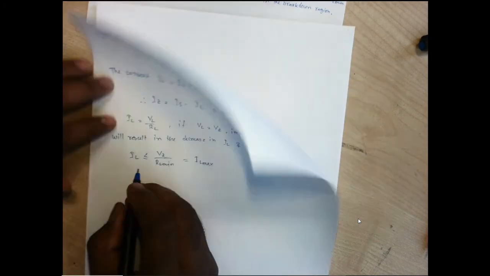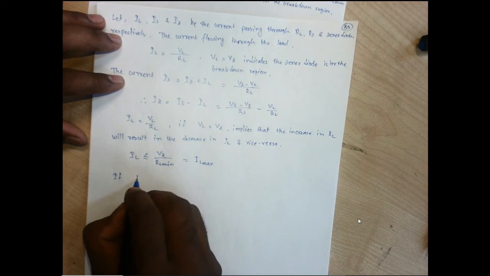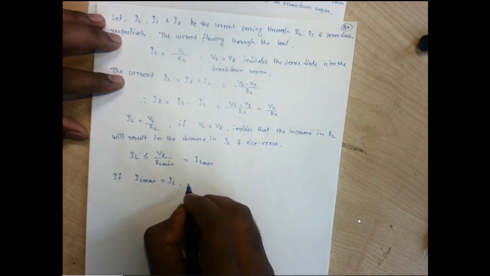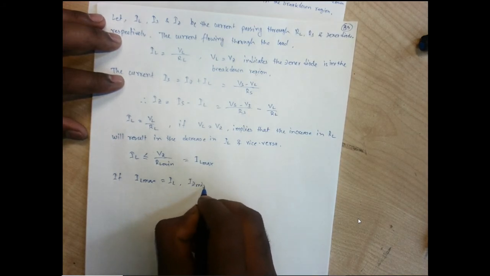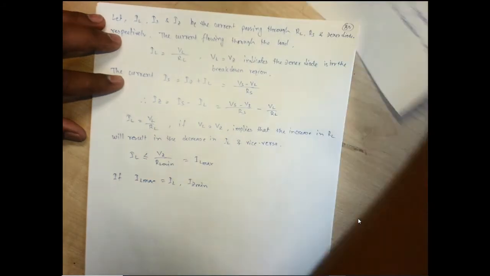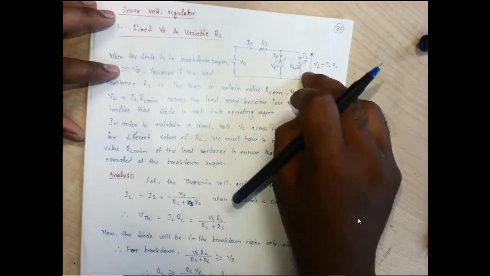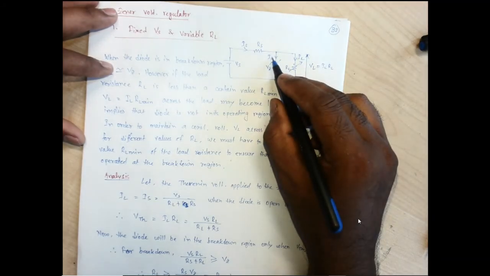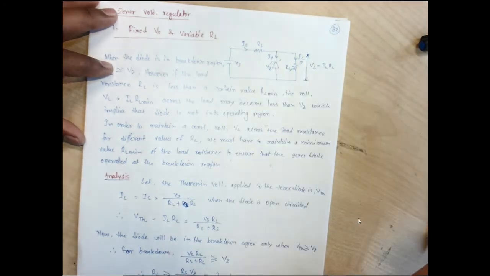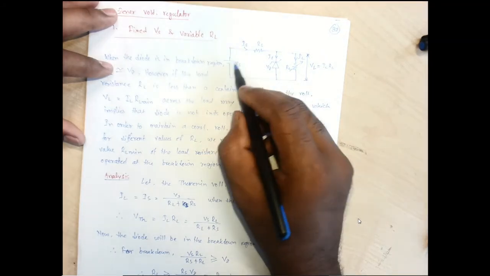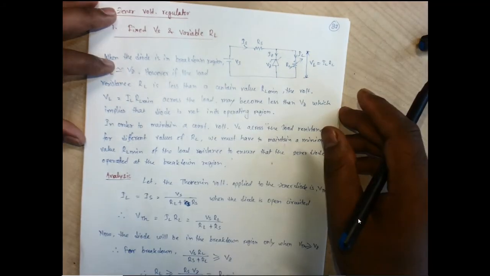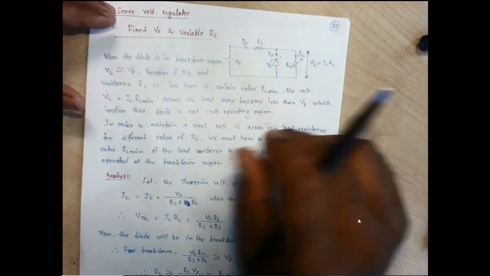So if IL max is there, what we need to understand is that IZ min is there. To make our VL constant, if IL is increasing, IZ must decrease, because this IS is fixed. The supply which is connected provides the same amount of current and it is constant because our VS is constant.